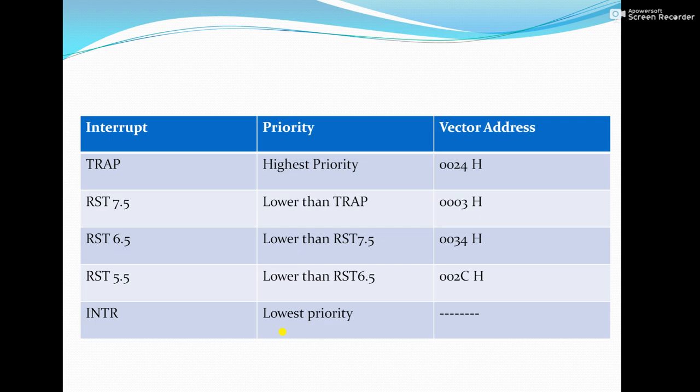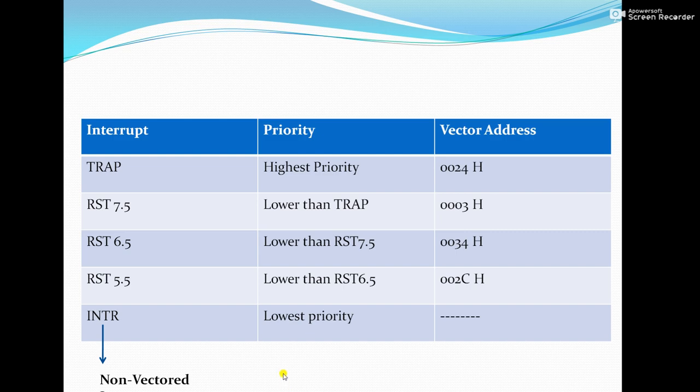RST 5.5 has lower priority than 6.5 and its vector address is 002CH. And finally INTR, which is having lowest priority. But if you can see here, there is no vector address mentioned for INTR. INTR is a non-vectored interrupt.